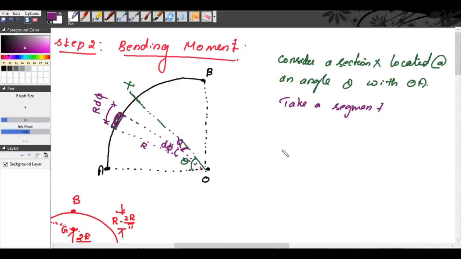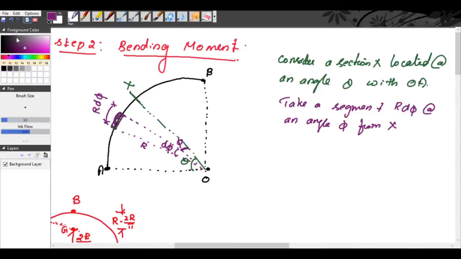So take a segment r into d pi at an angle pi from x. Now we can consider the bending moment at x.